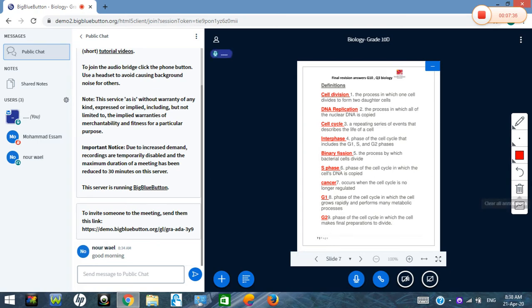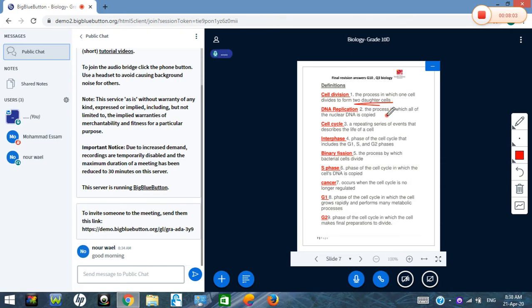The meaning of daughter cells: it refers to the produced cells that are identical to each other.